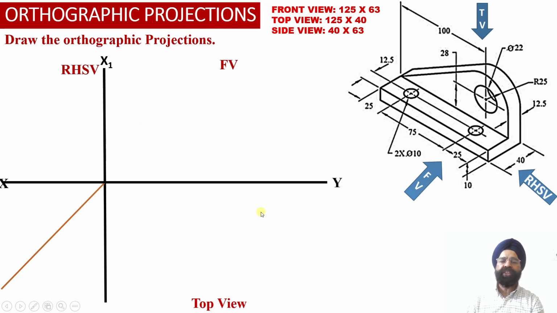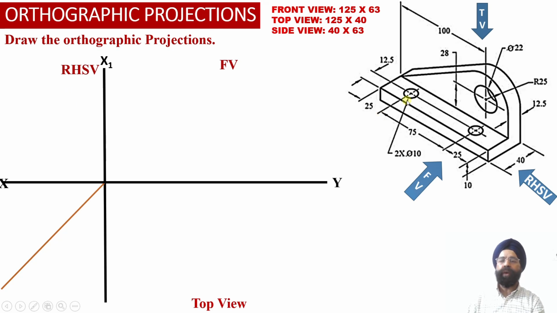The top view projection of the solid will be obtained below the XY reference line and the right hand side view projection corresponding to the solid will be obtained on the left side of the front view projection over here. And here we have drawn a transfer line through which the distances available in the top view projection corresponding to the depth of the solid will be transferred appropriately into the right hand side view projection over here.